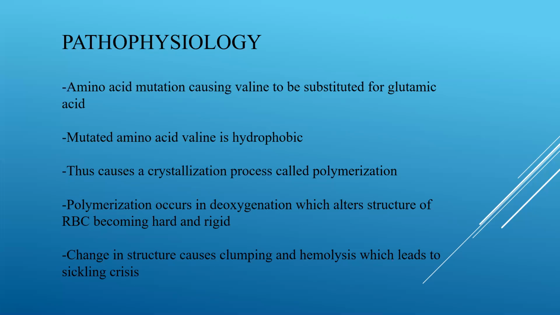Pathophysiology. The amino acid mutation causes valine to be substituted for glutamic acid. And valine is a hydrophobic amino acid. We know the cellular environment is hydrophilic, mostly made up of water, thus causing a crystallization process called polymerization.